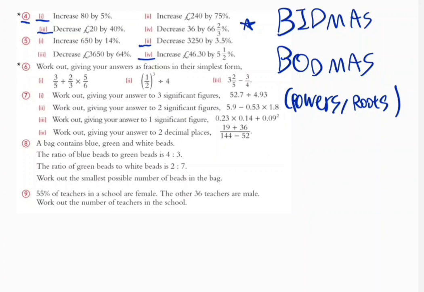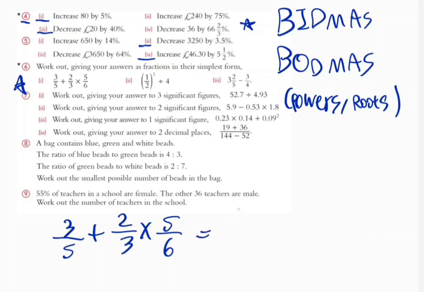For example, in question 6a, we have 3 over 5 plus 2 over 3 times 5 over 6. We have two ways of doing this one. First is adding the first two and then multiplying that by 5 over 6.